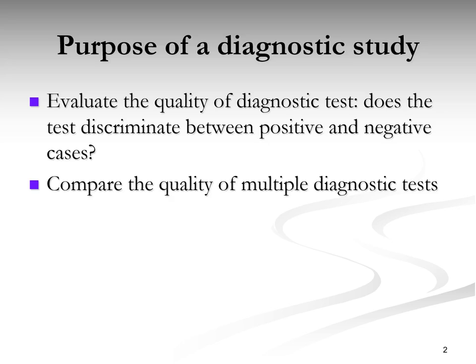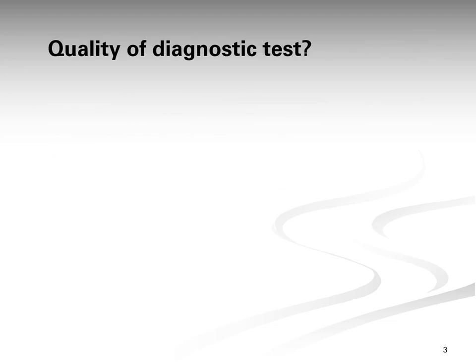In diagnostic studies, often multiple tests are compared to each other, but it's also possible that only one specific test is studied. What kind of data is reported in a diagnostic test study?